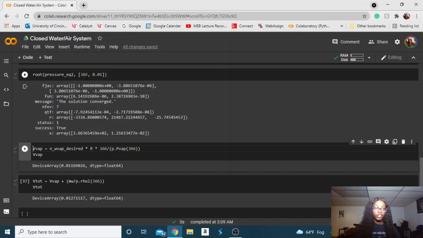The solution converged. Our function reached values of 6.14 times 10 to the negative 6 and 2.38 times 10 to the negative 10, which is way better than negative 46 and negative 5.